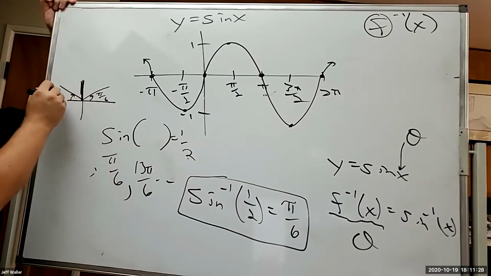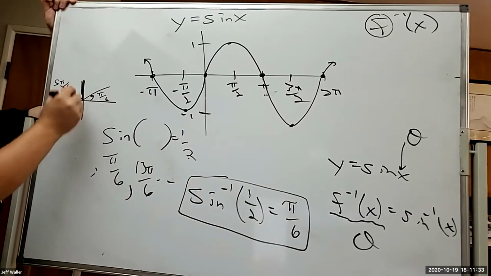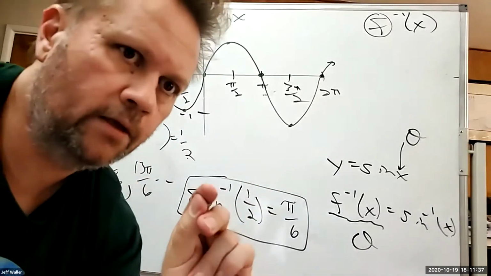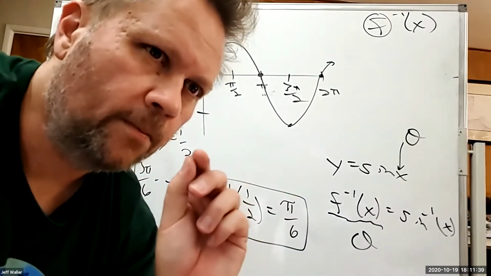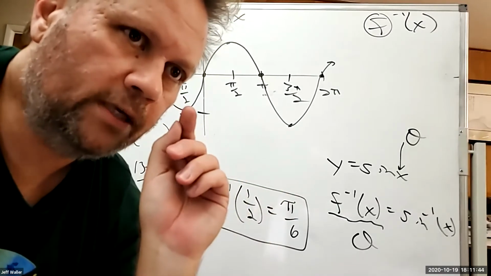So of course 5 pi over 6 would work, because that would be a positive sine. Let me stop for a minute. Does everybody understand that?